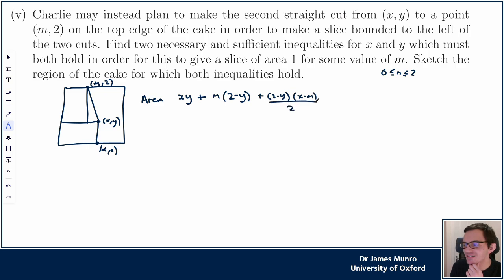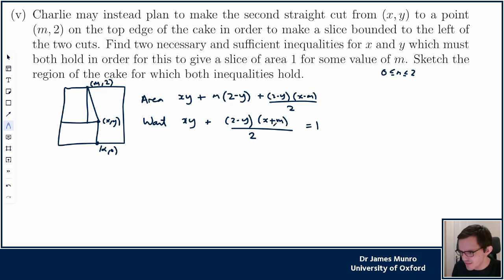I need to divide by 2. Can I do anything nice to that? I think I can write that as, so these terms have got a common factor of 2 minus y. I can write this as 2m over 2, bring it in, and then brilliantly it's going to add on to that x minus m to give me an x plus m. So I'll get this area. So I want this to be equal to 1, and I need m to be between 0 and 2.